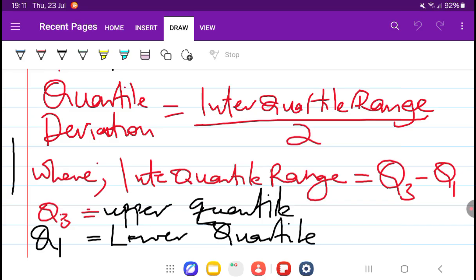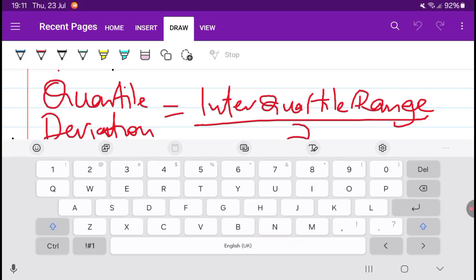That is the implication. That is the semi-interquartile range or the quartile deviation.